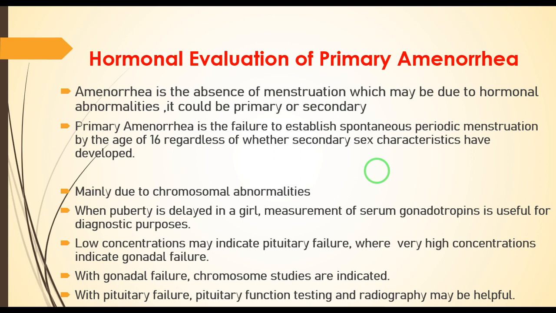In this condition, hypergonadotropic hypogonadism, the defect is in the ovary, and it is preferable to do chromosomal analysis. But if we check the level of the gonadotropins and they are low, then the defect is in the higher center, either the pituitary or the hypothalamus, and in this condition we must check the other hormones from the pituitary, and radiography and imaging studies are also helpful.